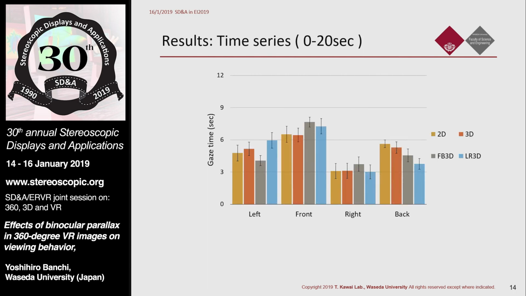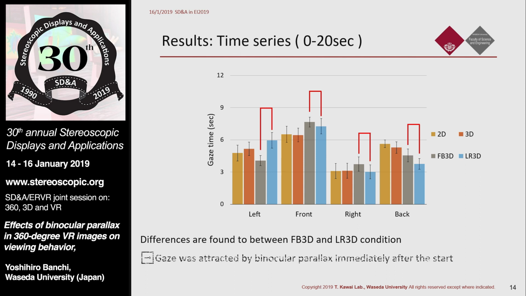This is the average of the gaze time in each direction from 0 to 20 seconds. From this graph, differences were seen between FB 3D condition and LR 3D condition. Especially in front and left, it seemed that the gaze time differed depending on conditions.